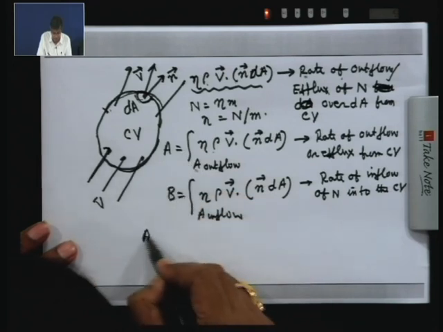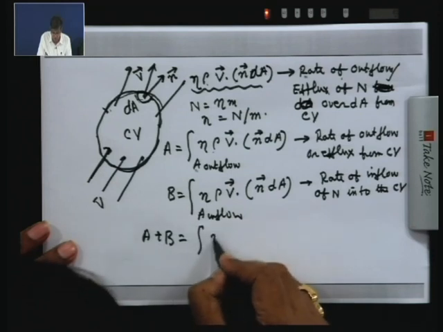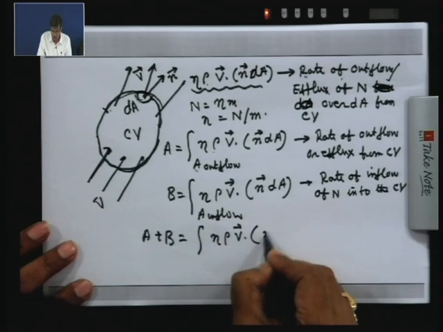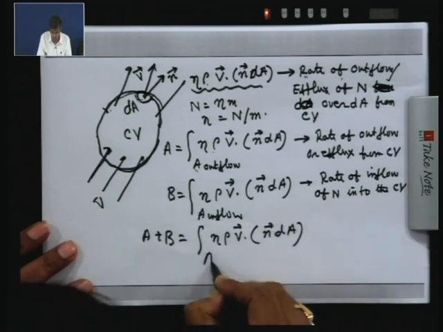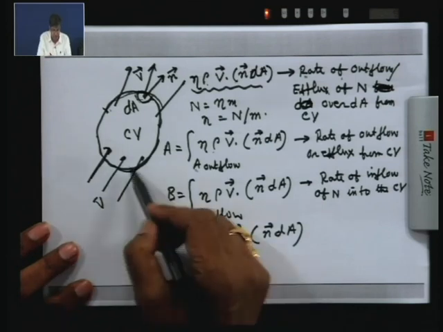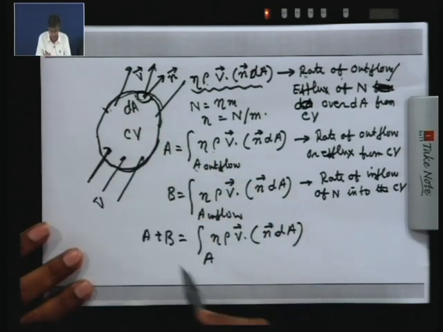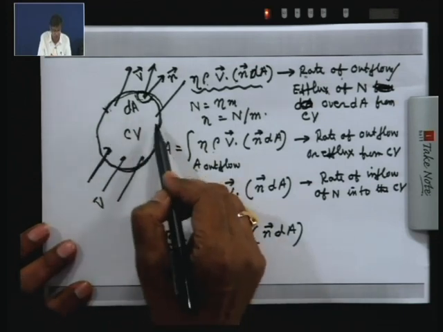Now if you sum up A plus B, that means you do the integration over the entire control surface area, what will it give? Let us first see if we can recognize an outflow area.